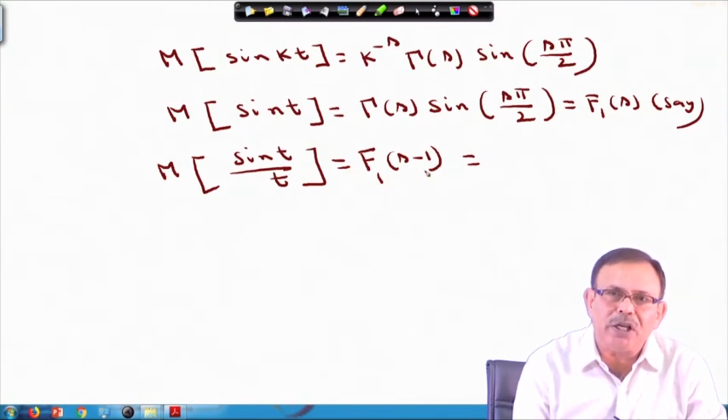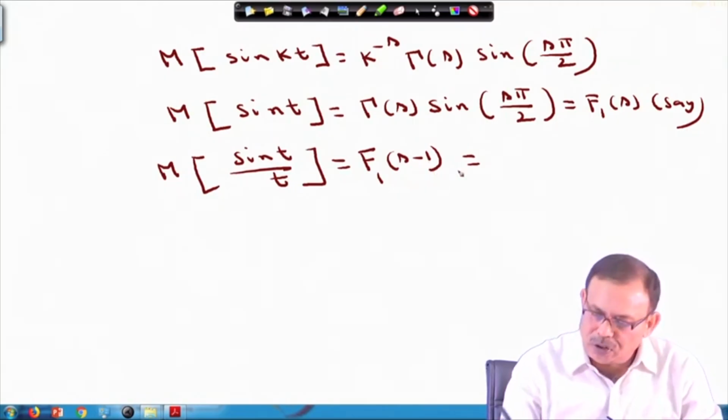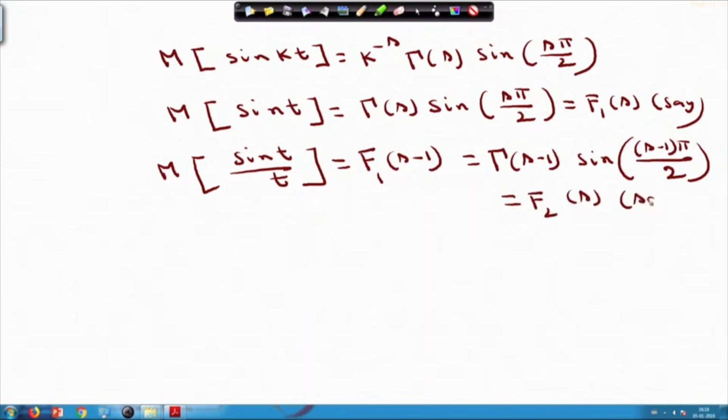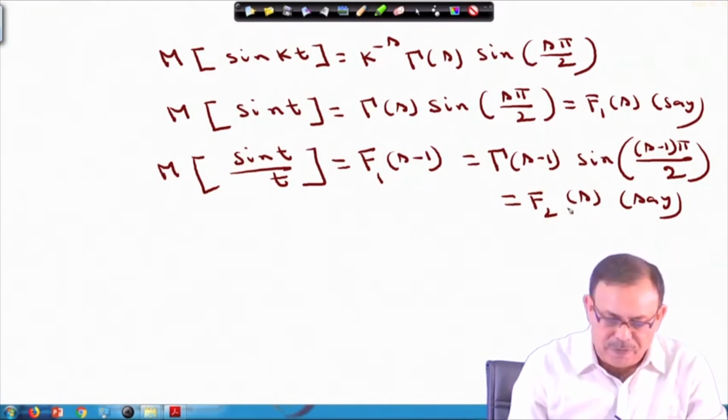So, by substituting s by s minus 1, I can write down the value of f 1 s minus 1 also, which will be equal to gamma s minus 1 into sin of s minus 1 into pi divided by 2, and say this is equal to again f 2 s, another function of s. Therefore, Mellin transform of sin t by t is gamma s minus 1 sin s minus 1 into pi by 2, which I am assuming as f 2 s.